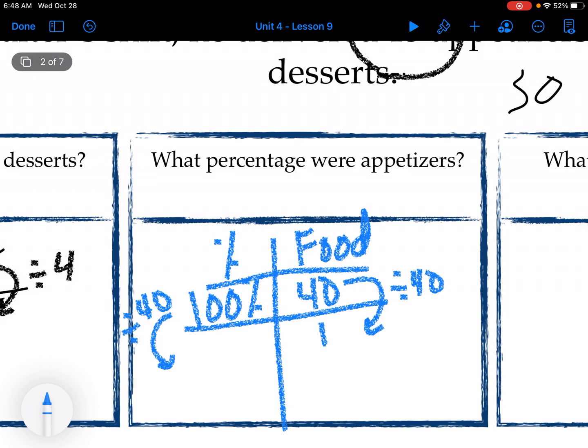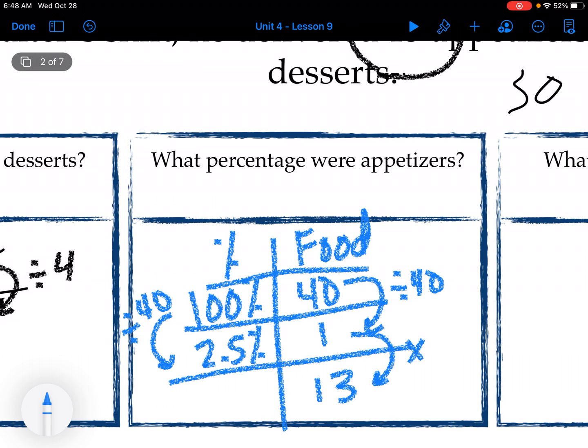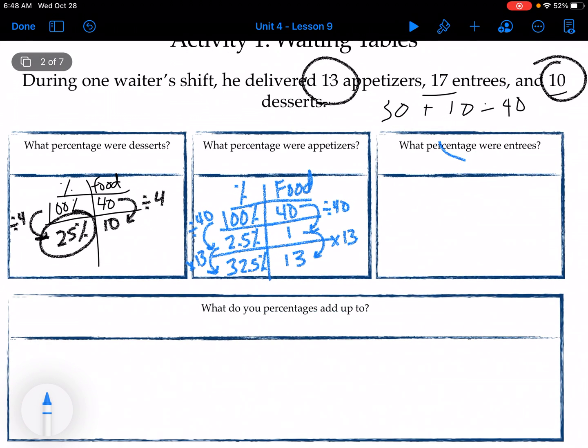So 100 divided by 40, I get 2.5%. To figure out 13 items, I'm going to multiply by 13, and I get 32.5%.